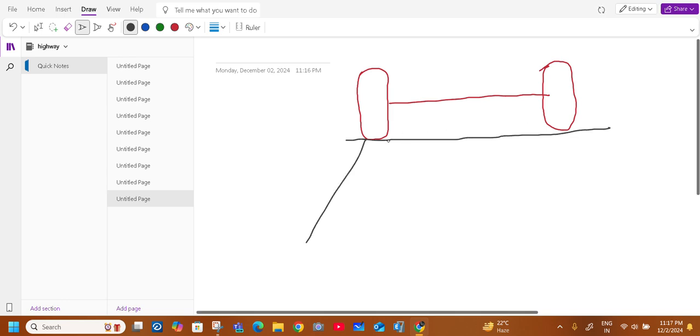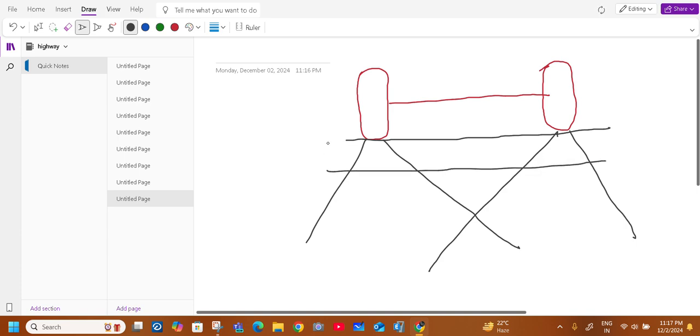Let us again draw the diagram. So up to d by 2 depth, this is P, and beyond 2S the pressure is 2P.